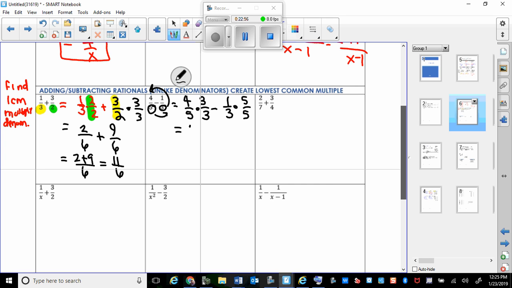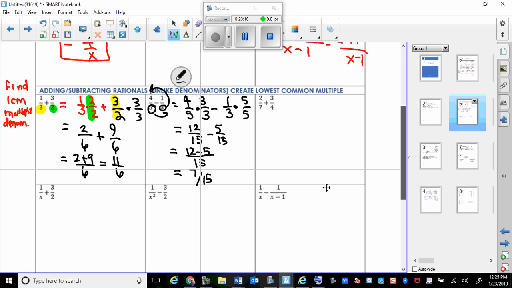This equals 12 over 15 minus 5 over 15. I put those together: 12 minus 5 over 15 equals 7 over 15.